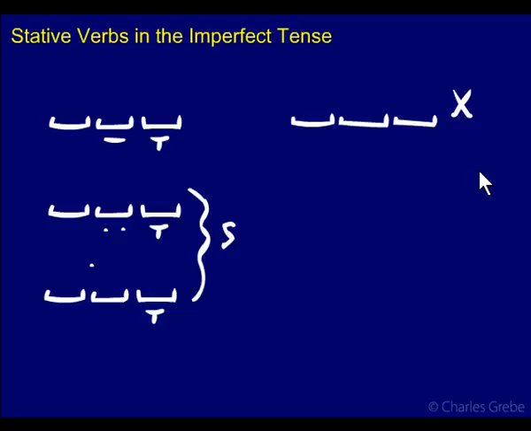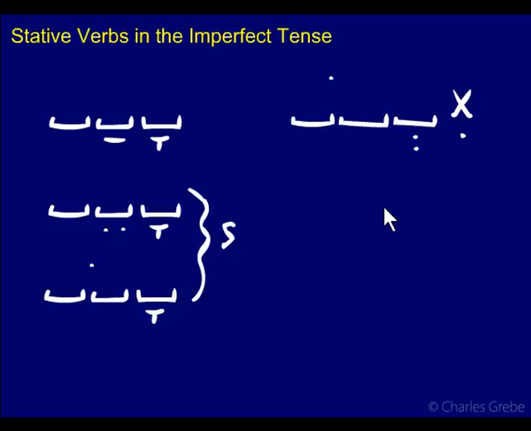Just put X there. And we have a hiriq there, followed by silent shva. So yifkod, and we have O there. That's our normal form, and that happens to be our dynamic form. We learned the dynamic ones first because most verbs are dynamic.